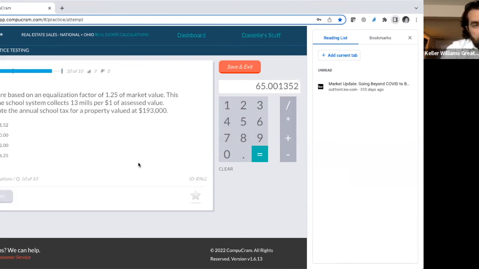Question number 10: taxes are based on an equalization factor of 1.25 of market value. This year, the school system collects 13 mils per $1 of assessed value. Calculate the annual school taxes for a property valued at $193,000.